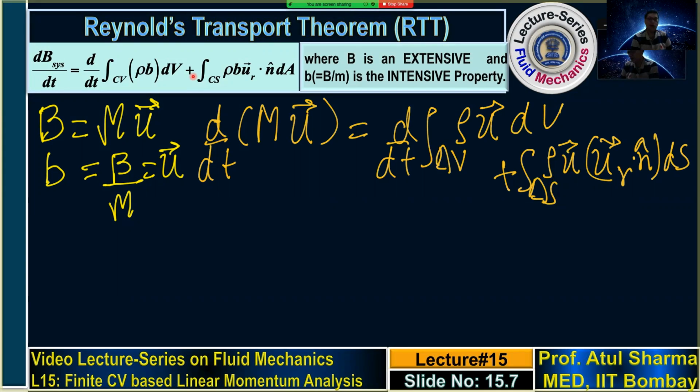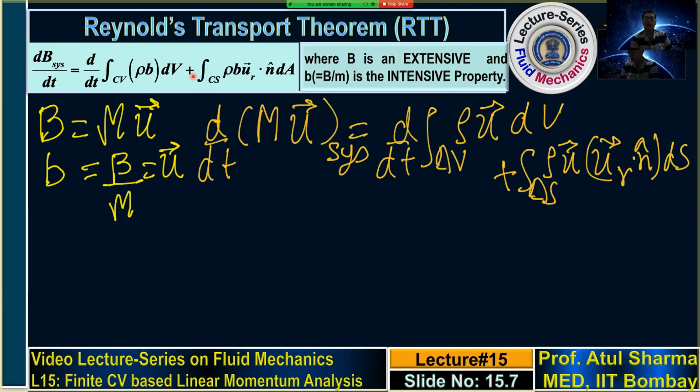So from the Reynolds transport theorem, we have obtained the system-wise rate of change in terms of the rate of change for a control volume. The system rate of change and the control volume rate of change are related with this additional term.